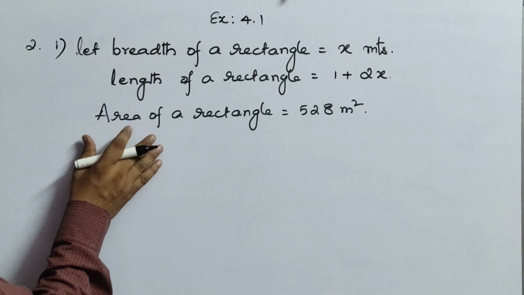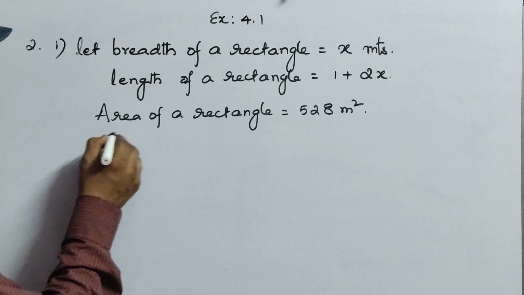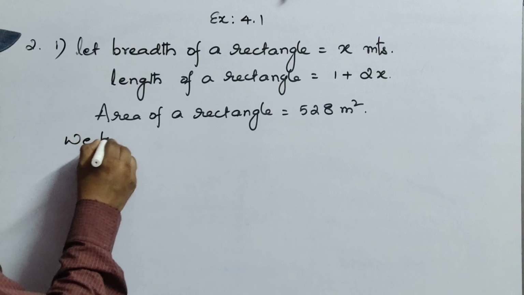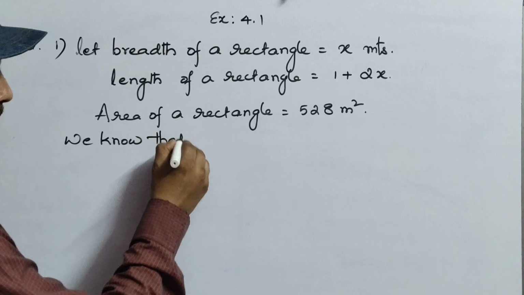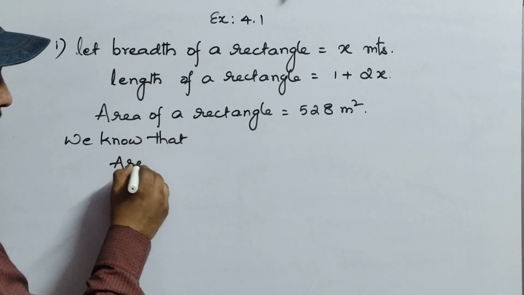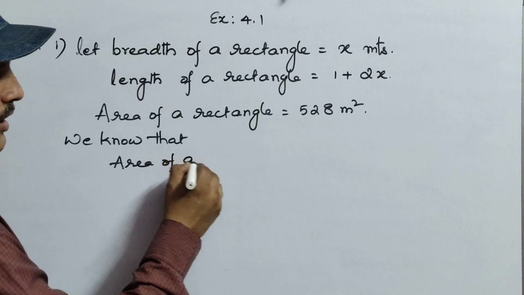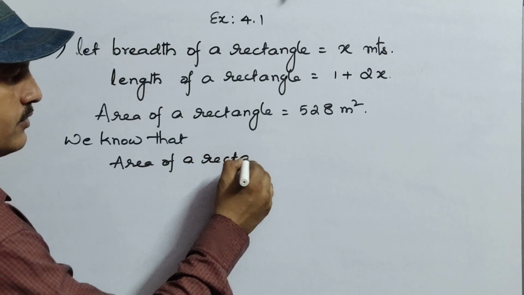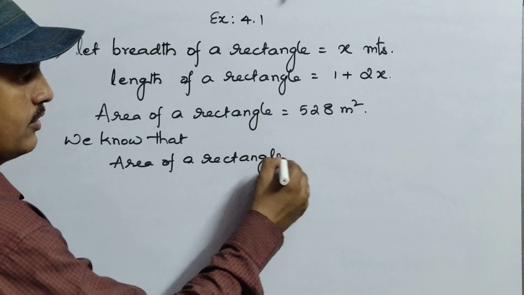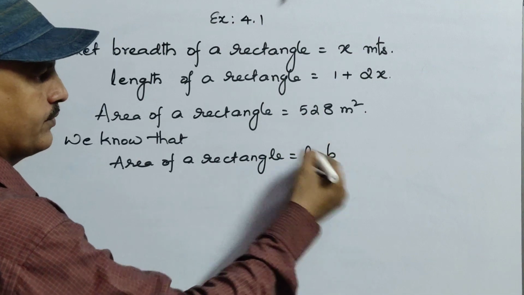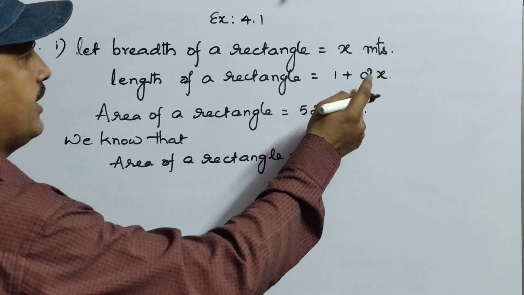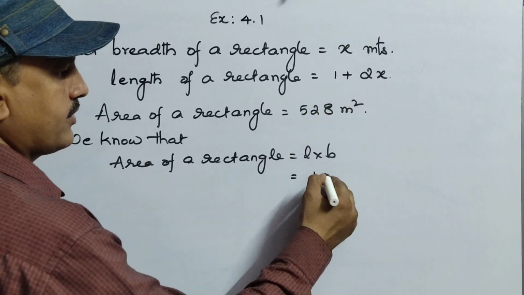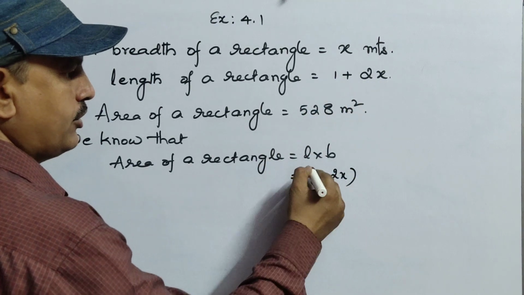Now you know very well the area of rectangle formula is: area of a rectangle equals L into B. So what is the length, children? The length here is 1 plus 2x into breadth.